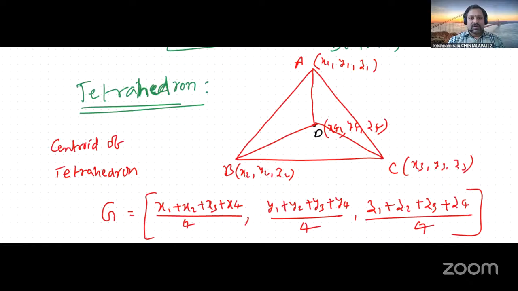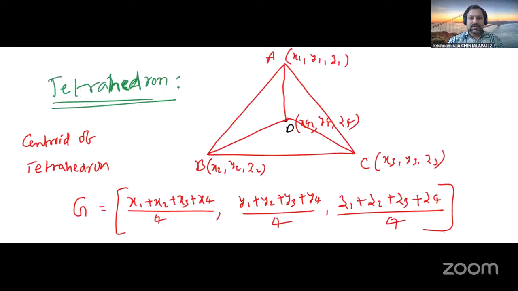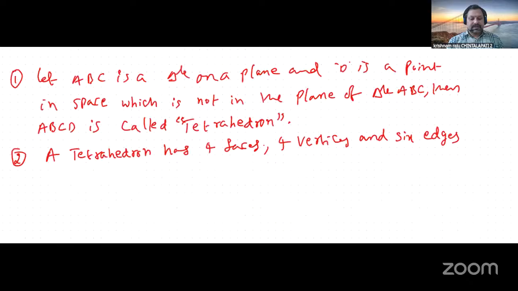So total four planes. Four vertices. Edges means these edges are six. Clear? 1, 2, 3, 4, 5, 6. Total 6 edges. Clear, everybody? So tetrahedron has four faces, four vertices, and 6 edges.